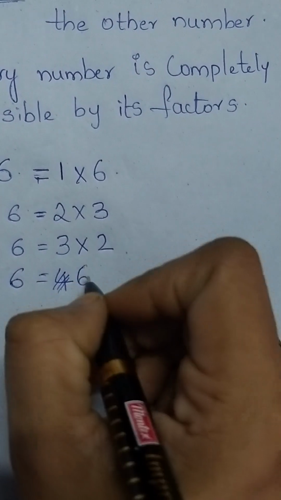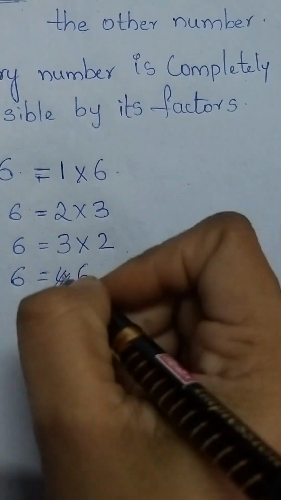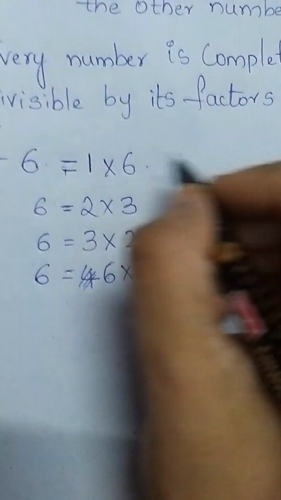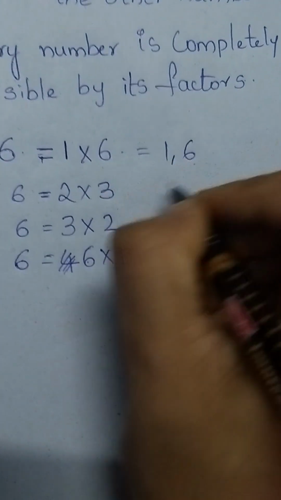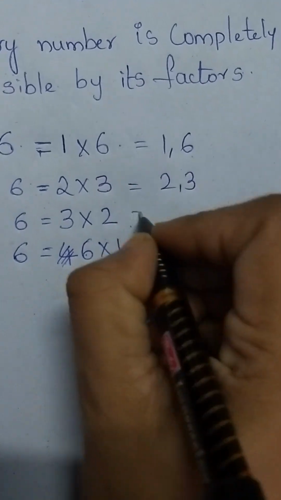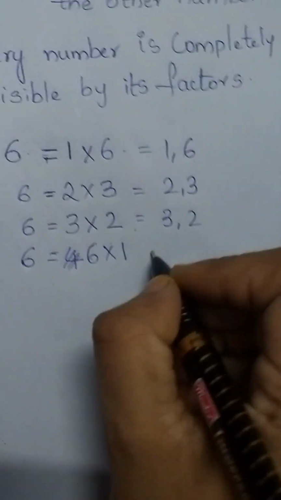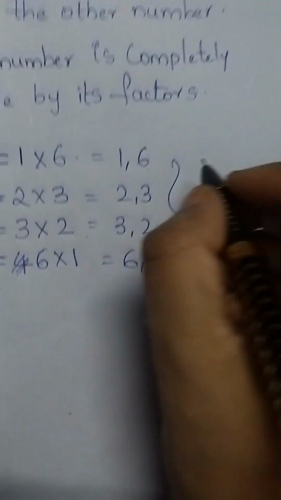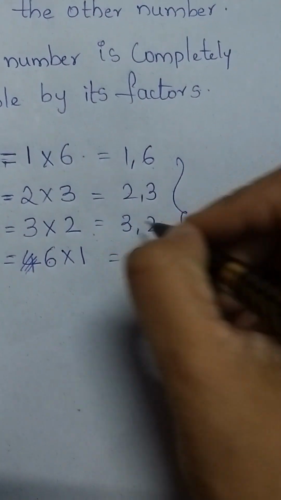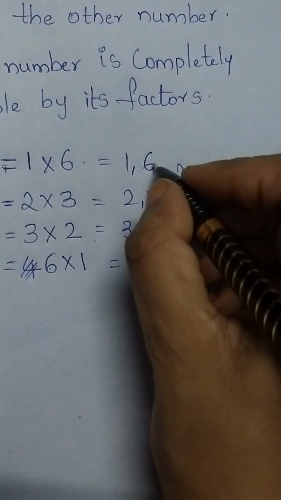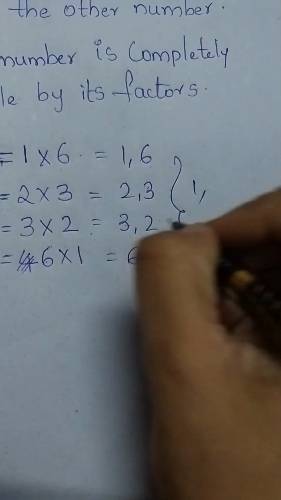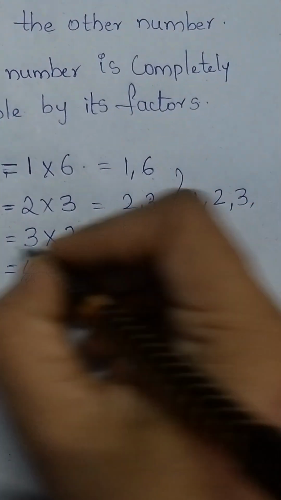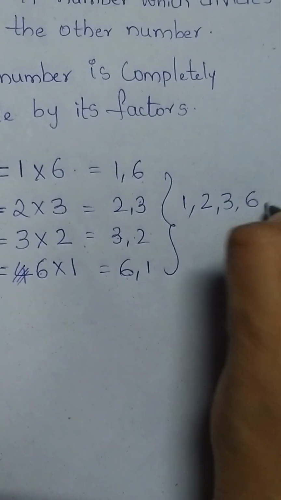Check 6: 6 itself is a factor, 6 ones are 6. So the factors of 6 are 1 comma 6, 2 comma 3, 3 comma 2, 6 comma 1. Totally, how many factors of 6 do we have? 1, 2, 3 and 6. 4 and 5 are not there.